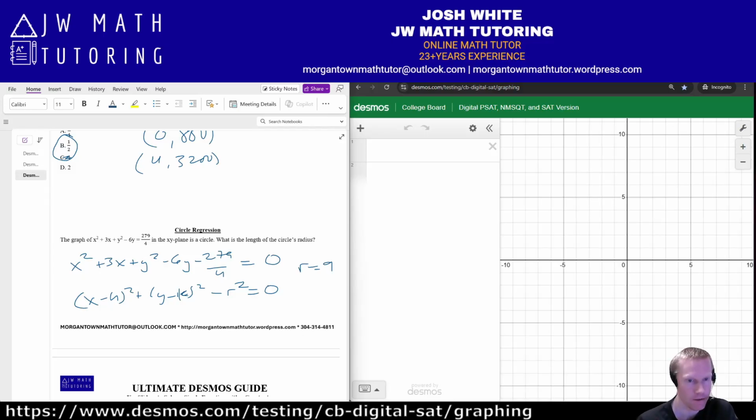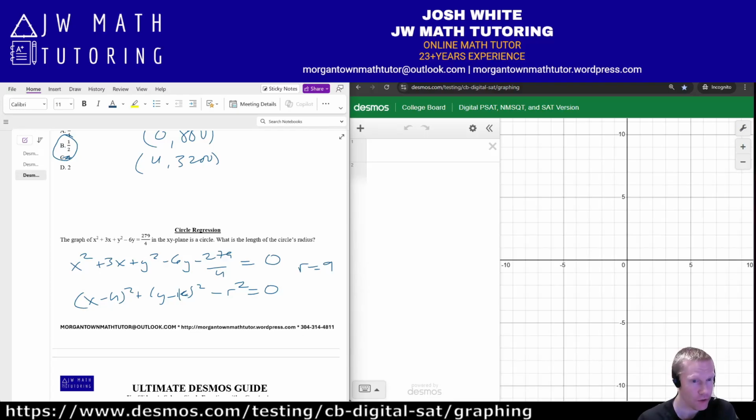So the point is, you would not need to do circle regression on a relatively straightforward problem like this. If you just came across a problem like this on the SAT where they gave you essentially the full equation, even though it's not in standard form, okay, you do not need to do circle regression to solve that.